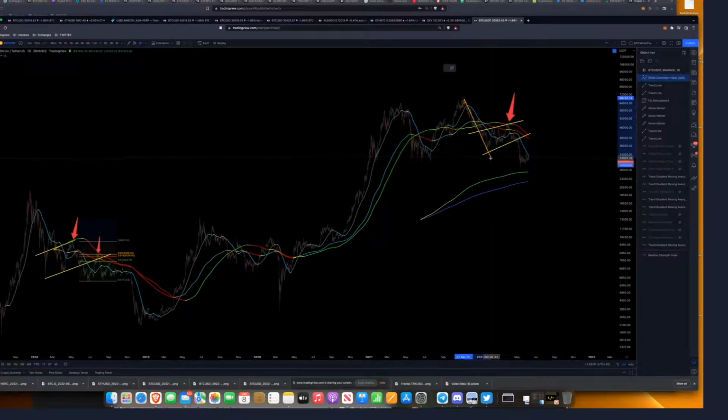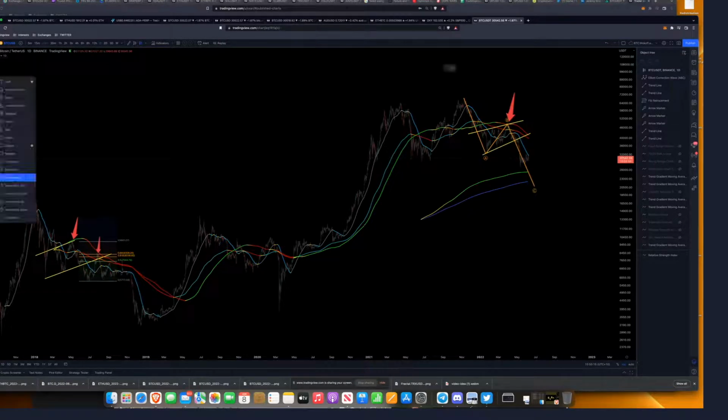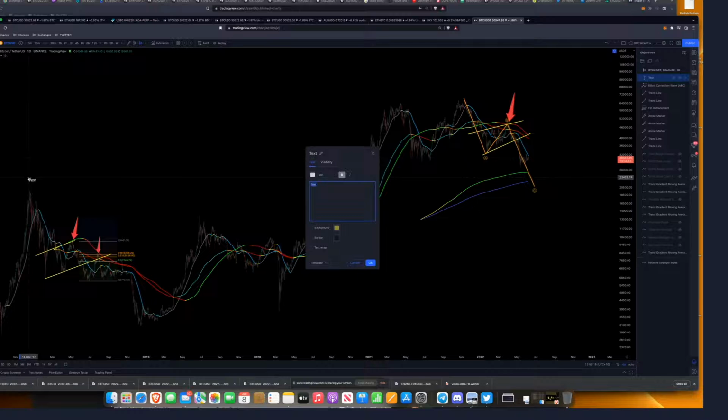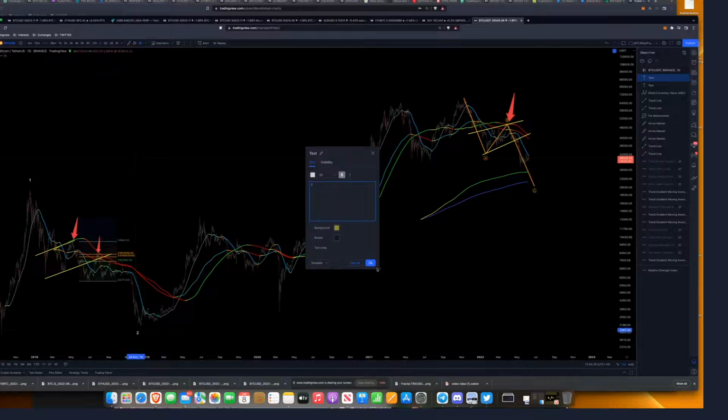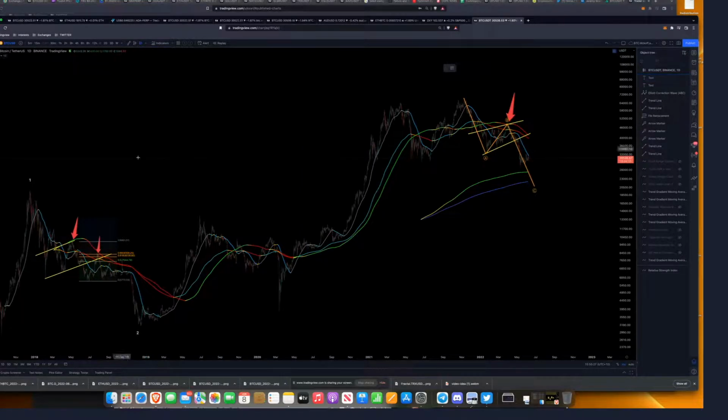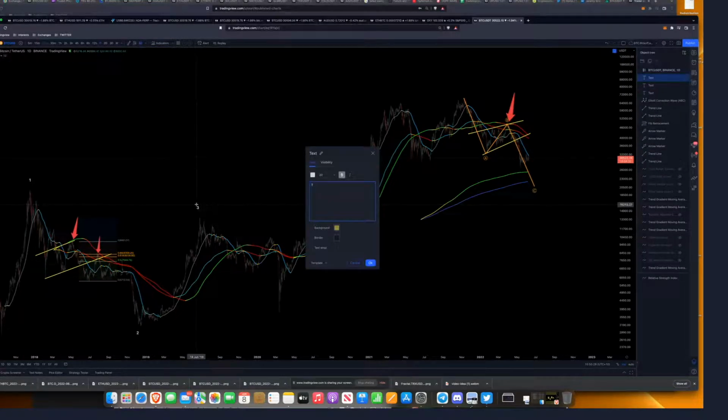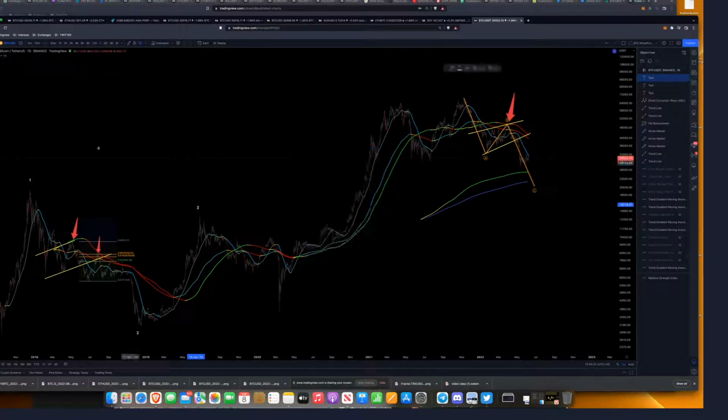We had our A, we had our B, and now we're looking for our C, right? This is another thing that you need to know: that's our 1, that's our 2, that's our 3.